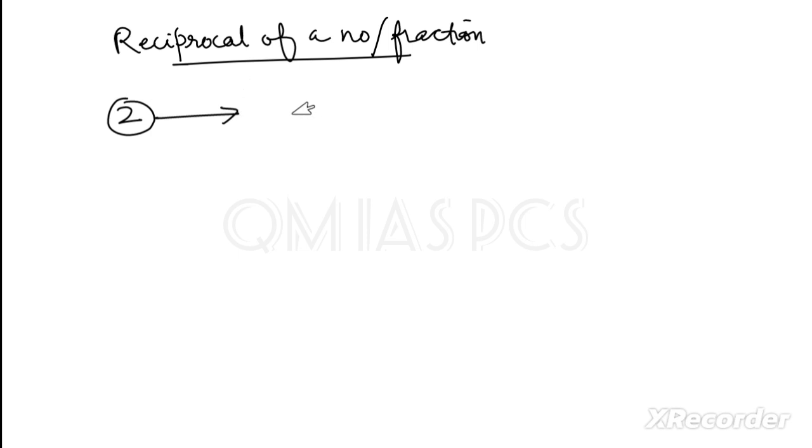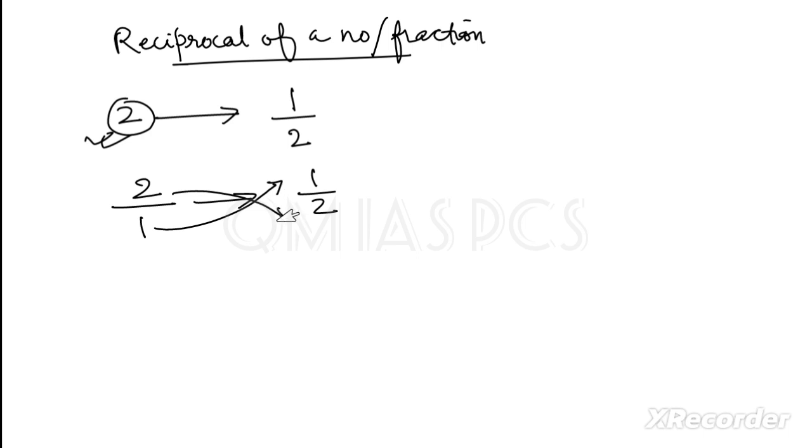Whatever the number is, you place this number in the denominator, and in the numerator you just write 1. So the reciprocal of 2 will be 1 by 2. Or you can understand it like this: there is a 2 with a 1 always in the denominator. The reciprocal is just reversing this, so it will be 1 by 2. This goes to the numerator, and this will be the denominator part.